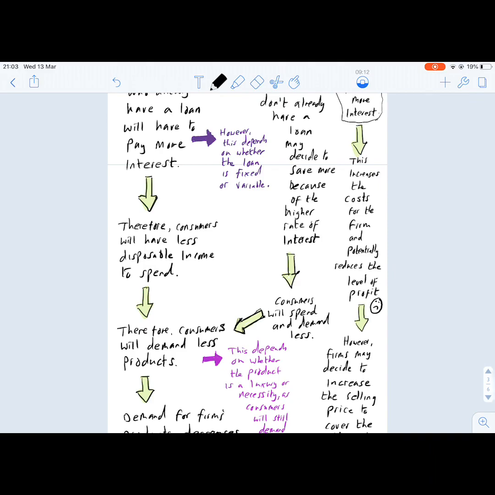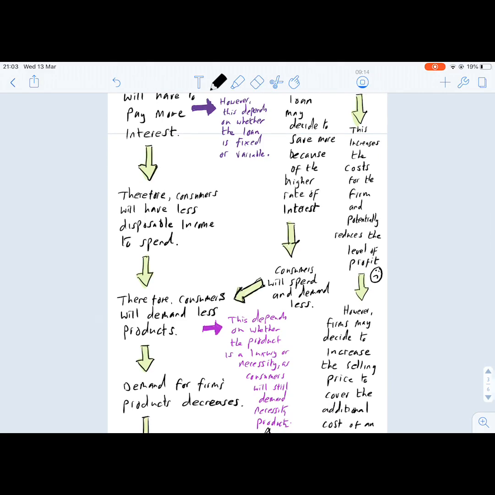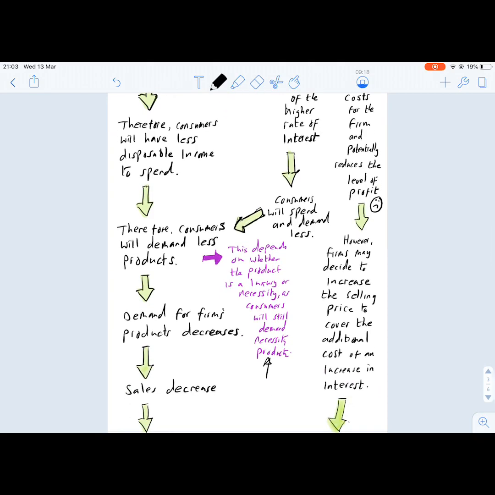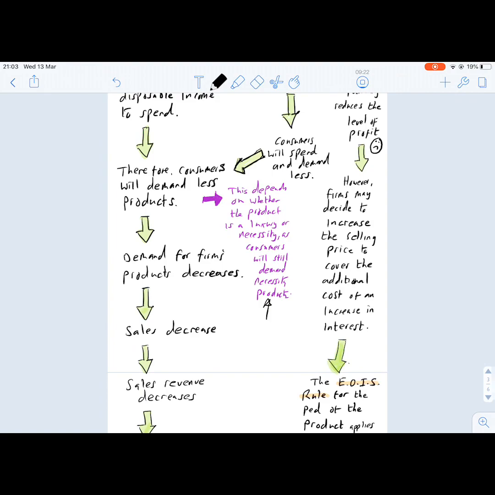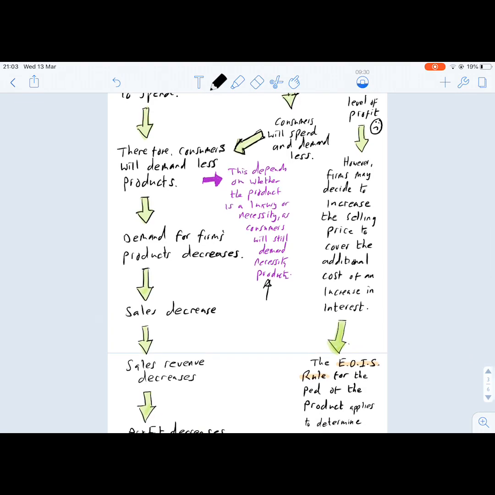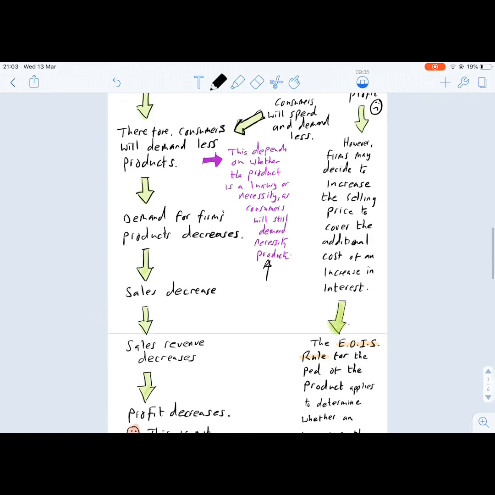This increases the costs for the firm and potentially reduces the level of profit. Clearly, this is not good. However, the firm may decide to increase the selling price to cover the cost of the additional interest. So they might pass on the cost of the additional interest to the consumer.